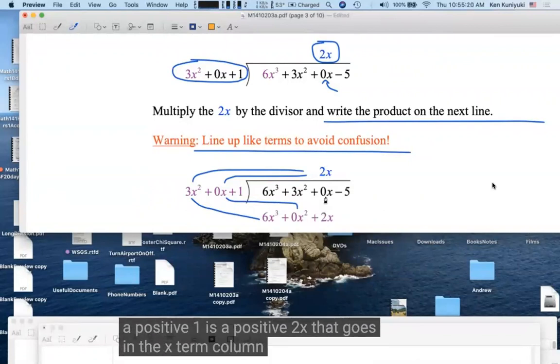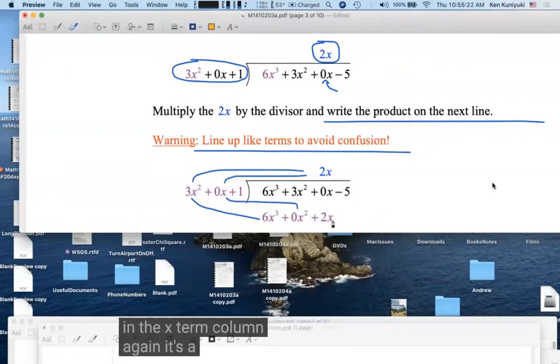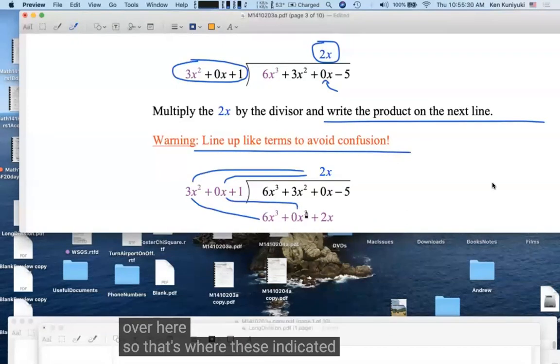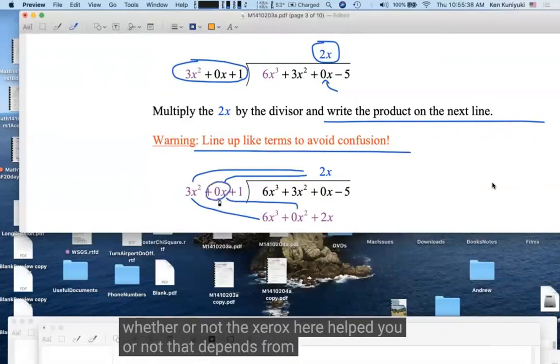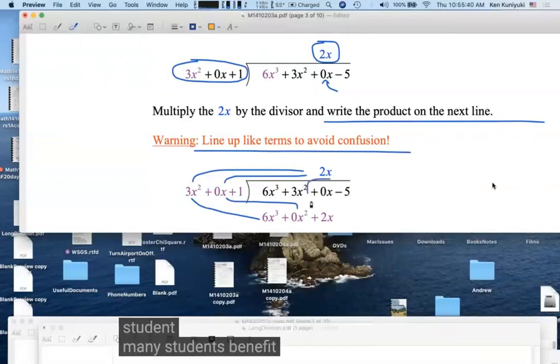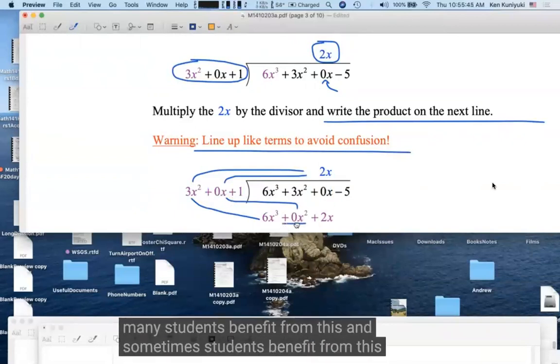That goes in the x term column. Again, it's a good idea to put the plus 2x over here instead of over here or over here. So that's where these written missing terms can come in handy. Whether or not the 0x here helped you depends from student to student. Many students benefit from this, and sometimes students benefit from this.